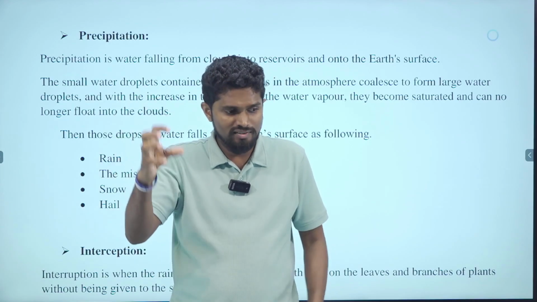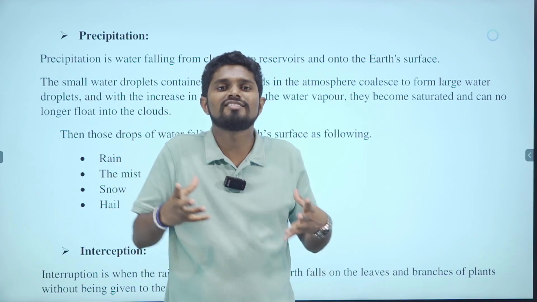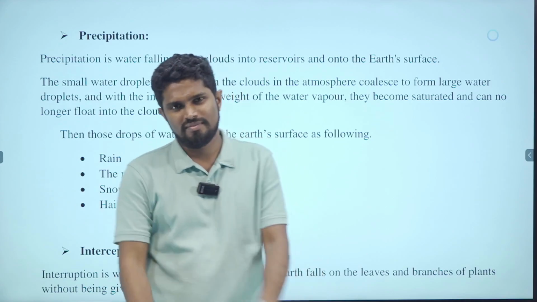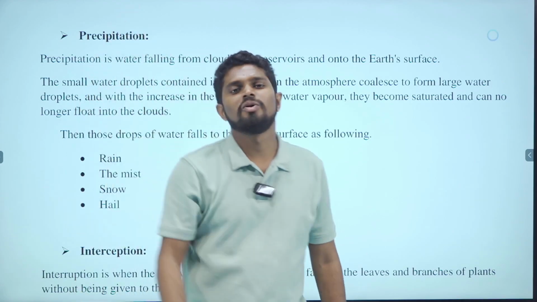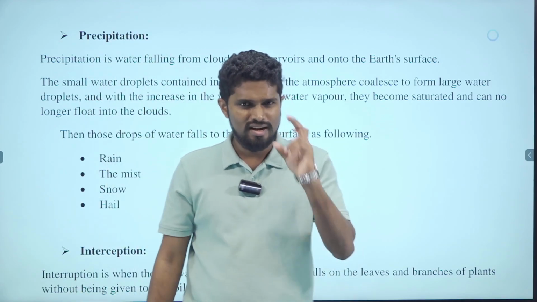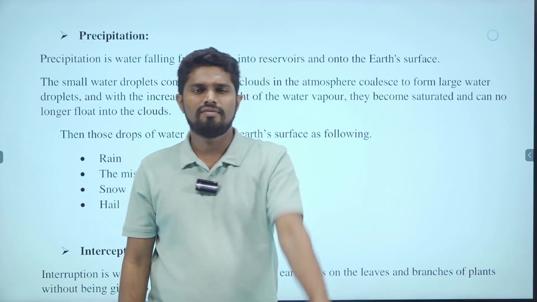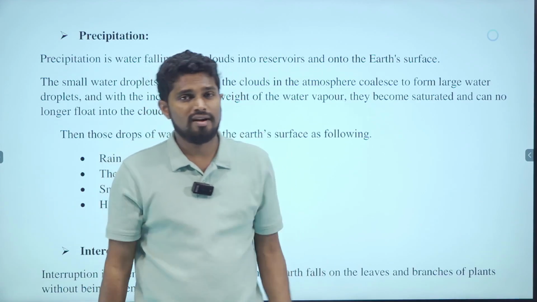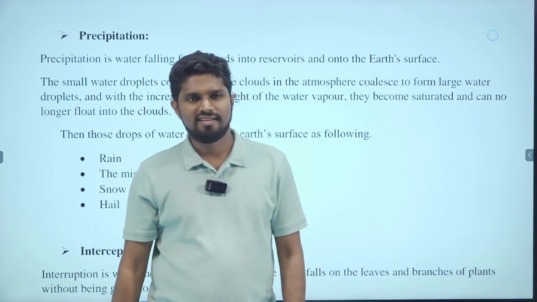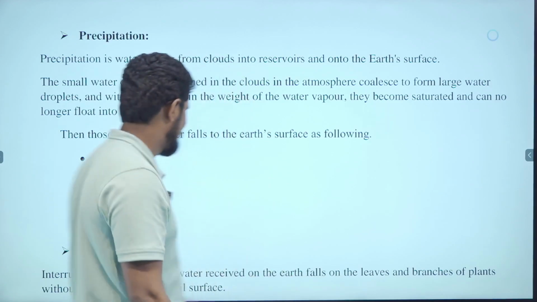It becomes ice. Ice is the snow. It happens with the temperature difference and the pressure difference. So that kind of environment does not happen in Sri Lanka, no?